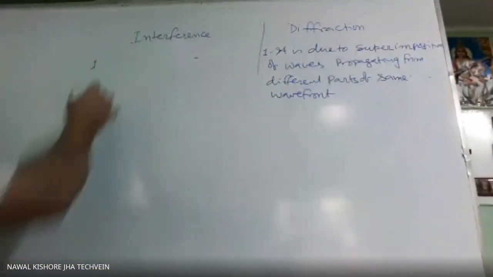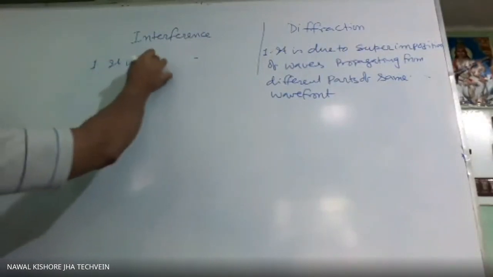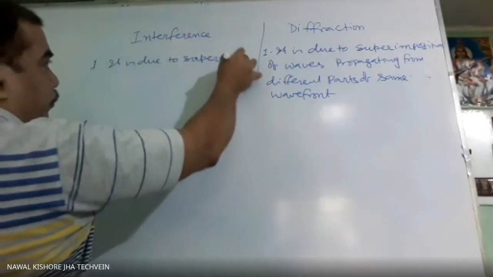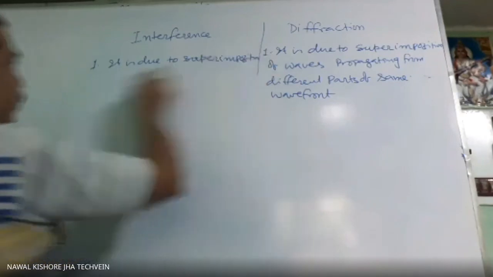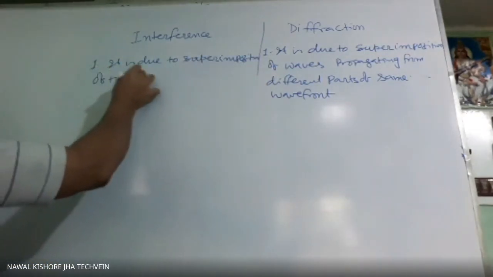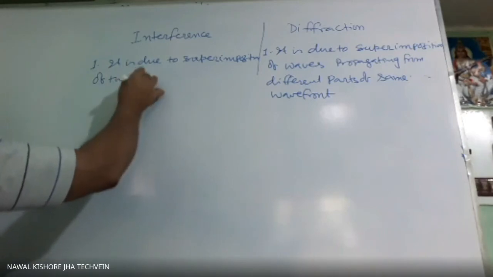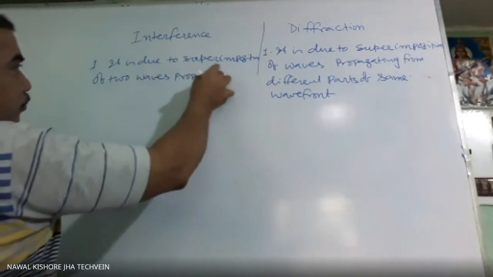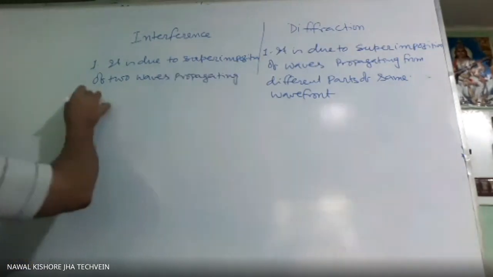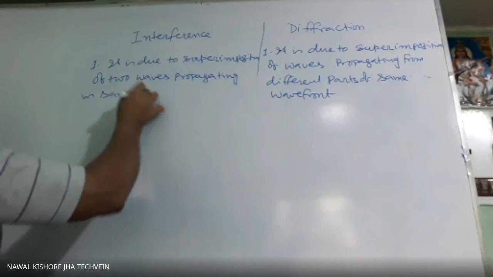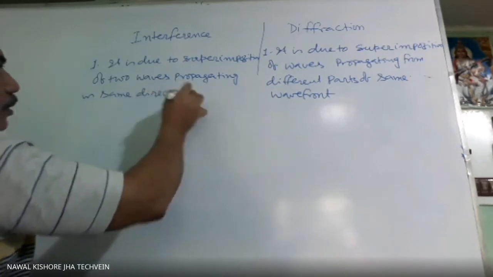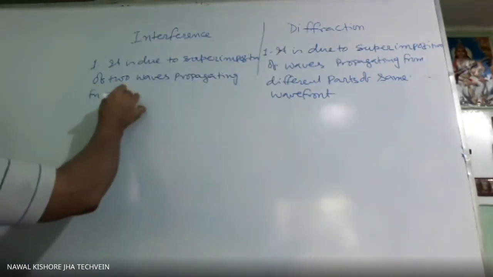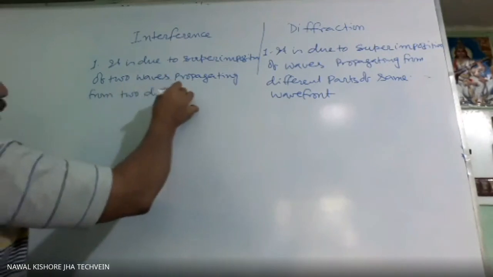Whereas here, what is happening? In interference, it is due to superposition of two waves propagating in the same direction, coming from two different coherent sources.